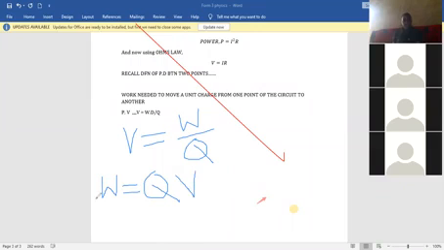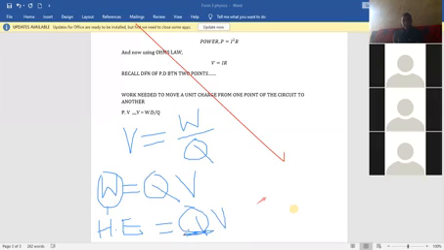V. And this work done, we said it is the same as what? Heat energy. The heat energy is equal to Q V. Is it? But what is this Q from Form 1?